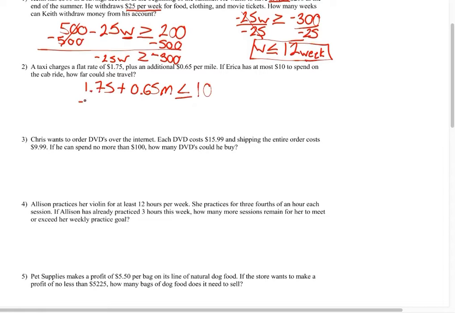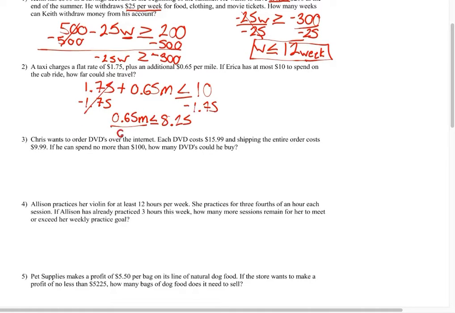The first step is to subtract 1.75 on both sides. On the left, this cancels, and we're left with 0.65m is less than or equal to 10 minus 1.75, which would be 8.25.